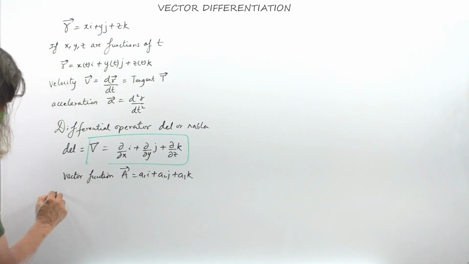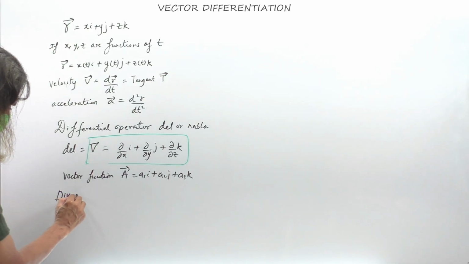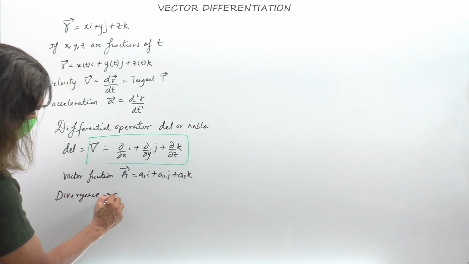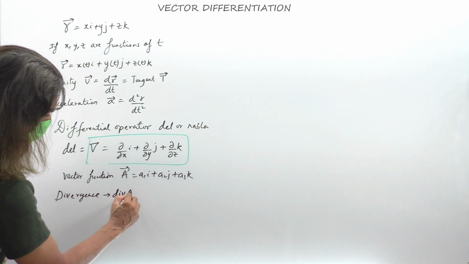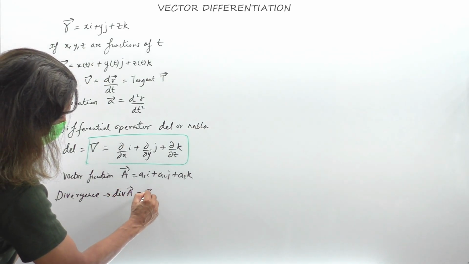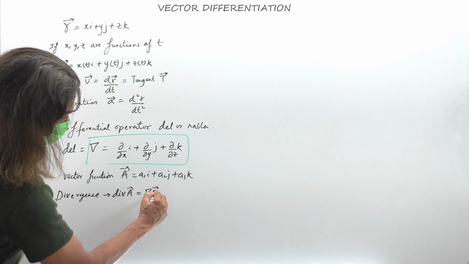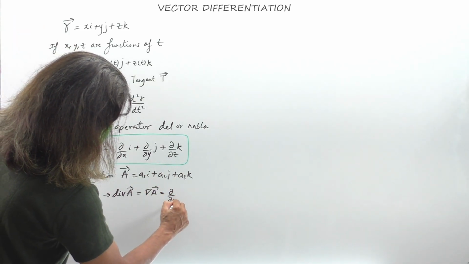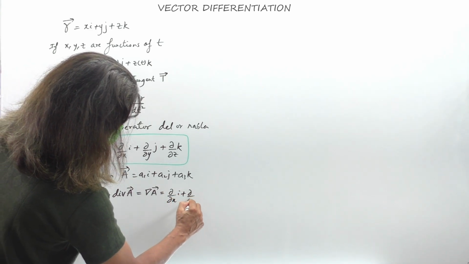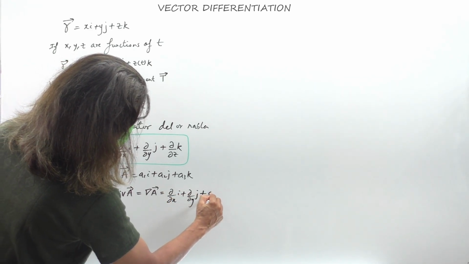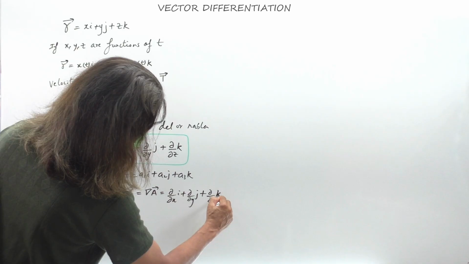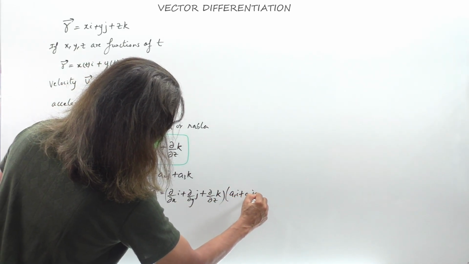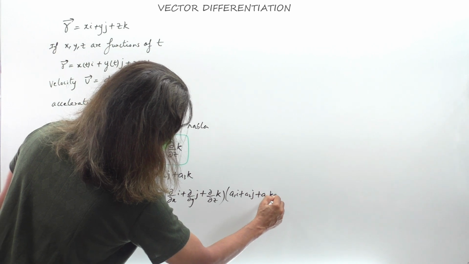So, we have the divergence given as divergence of A vector is nothing but del dot A. See, the del is used here, del dot A. Now, what is del? Del is dou by dou x of i plus dou by dou y of j plus dou by dou z of k, dotted with a1 i plus a2 j plus a3 k.